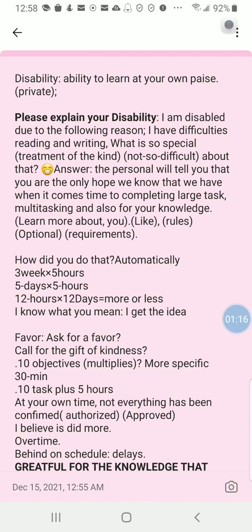So a lot of times when we do speak about disability paperwork, it's another way of saying accommodation, that people are going to give you some attention, or more time if anything.